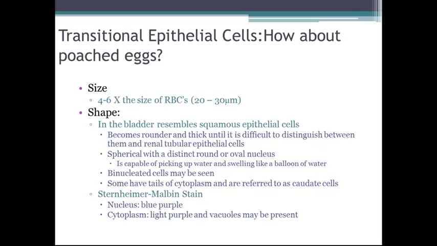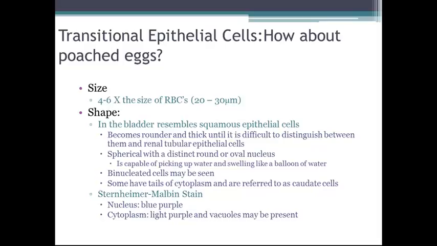Transitional epithelial cells look more like poached eggs. They are 4 to 6 times the size of red blood cells. The shape in the bladder resembles squamous epithelial cells, then becomes rounder and thicker until it is difficult to distinguish between them and renal tubular epithelial cells. They are spherical with a distinct round or oval nucleus, and are capable of picking up water and swelling up like a balloon of water.